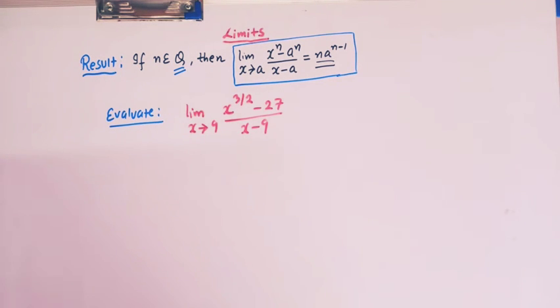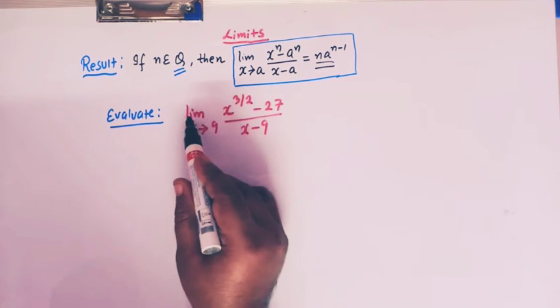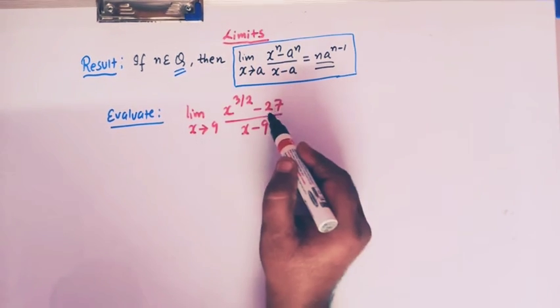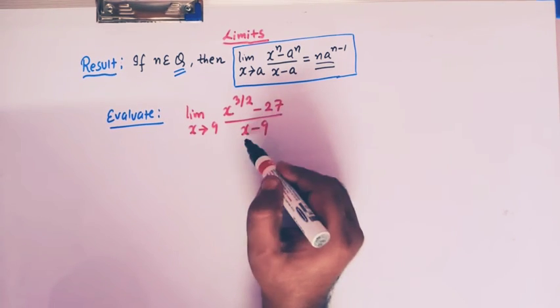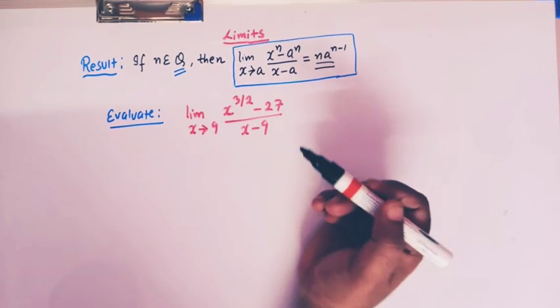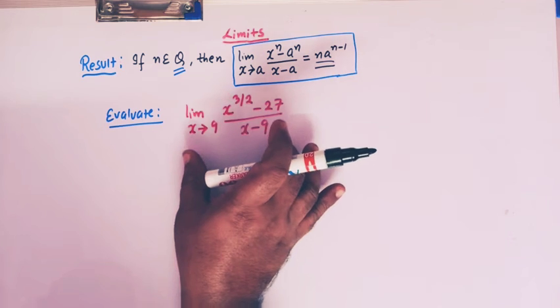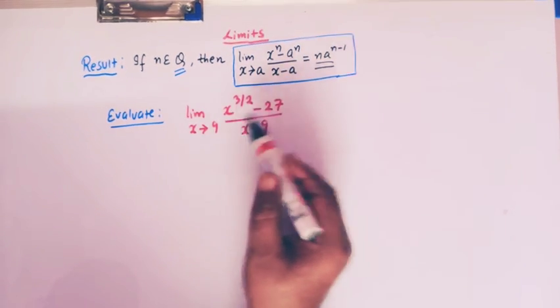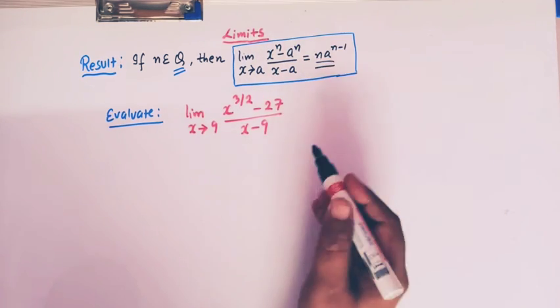Here we have to find the limit as x tends to 9 of (x raised to 3 by 2 minus 27) divided by (x minus 9). Our first aim is to transform this expression to the standard form.